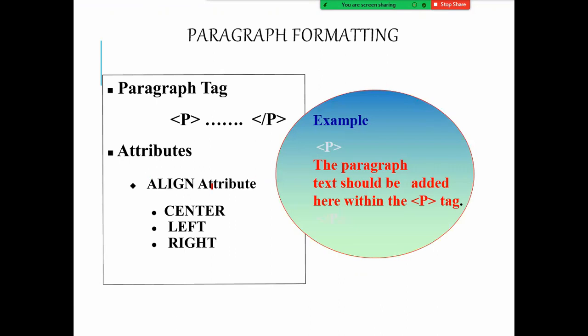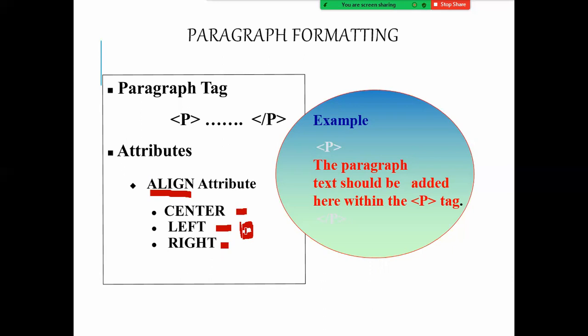I'm just talking about the paragraph tag. What are the attributes for the paragraph tag? The alignment attribute we are having. So what are the alignments? It's center, left and right. Left is going to be the default. That means we need not tell anything. By default, it's going to be placed for me on the left of my window. So we can have right alignment, center alignment, or left alignment there.